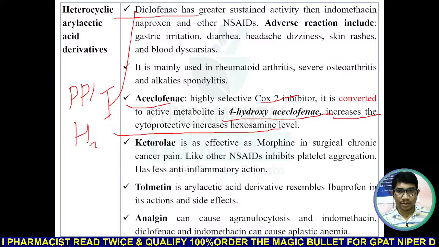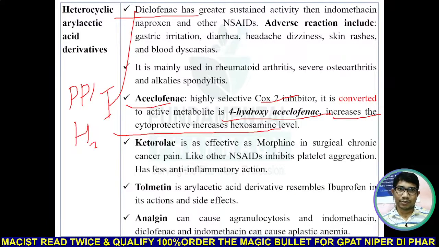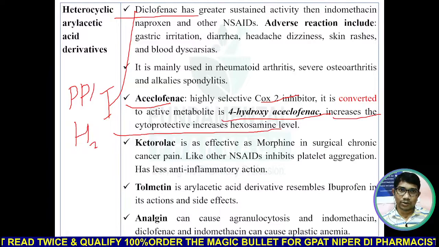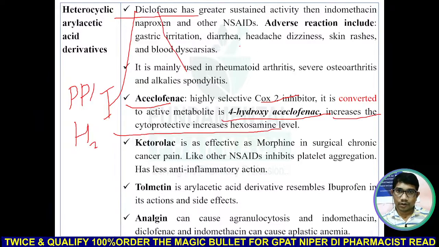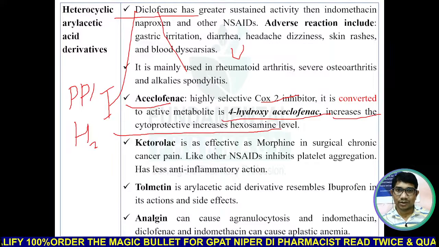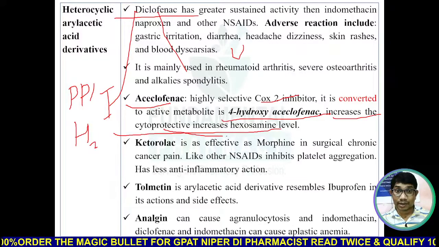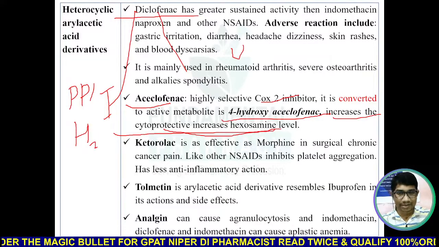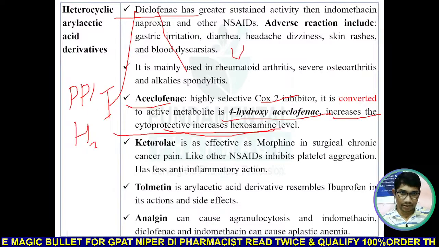So इसका एडवर्स इफेक्ट जो है डाइक्लोफेनाक का, it can cause ulceration. Diclofenac can cause peptic ulceration that is not caused by aceclofenac. That's why nowadays aceclofenac is getting more popularity, right?